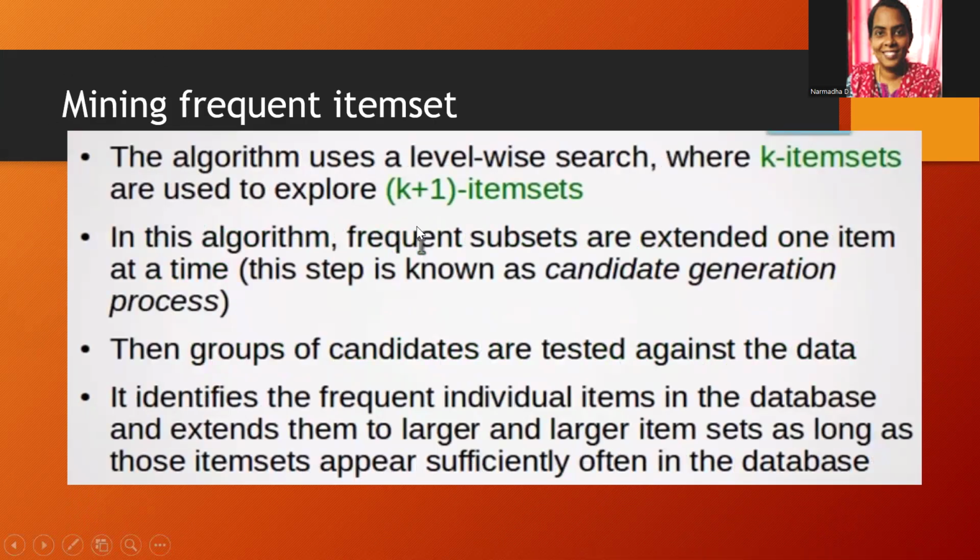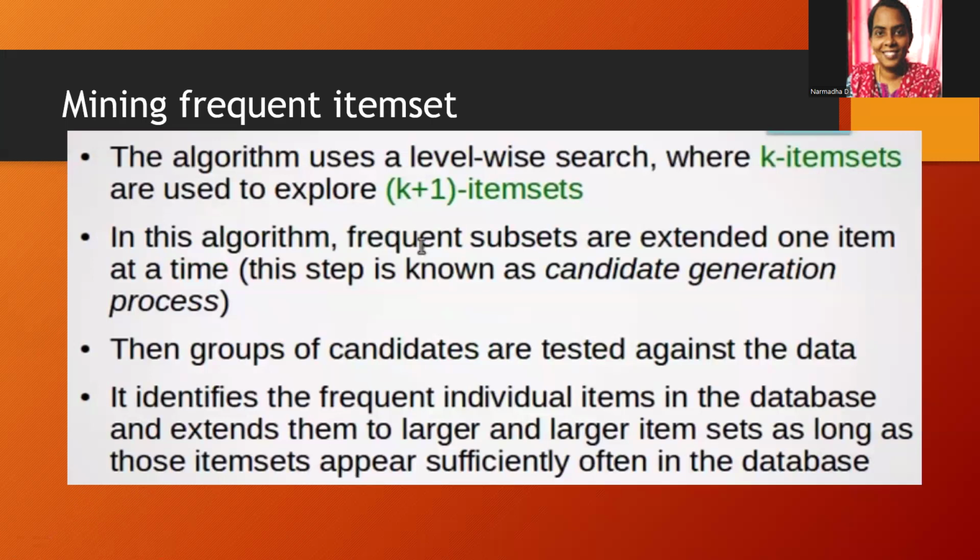This algorithm uses level-wise search, where k-item sets are used to explore (k+1)-item sets. From one-item sets, we generate two-item sets; from two, we generate three; from three, we generate four.